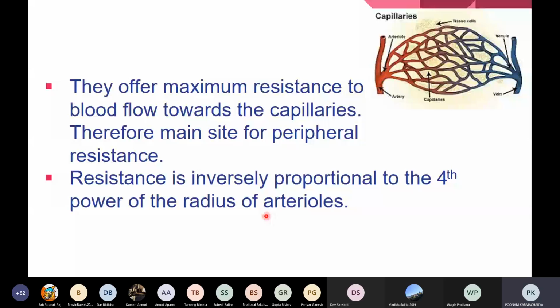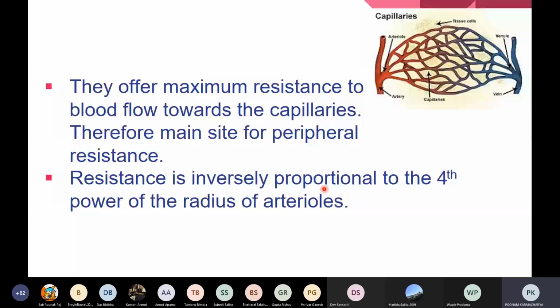That means if the radius is decreased to only half, the resistance to the blood flow can increase by 16 times, and if the radius is increased to 2 times, the resistance to blood flow can decrease by 16 times. So just a small change in the radius can influence the resistance by a very high amount, right?